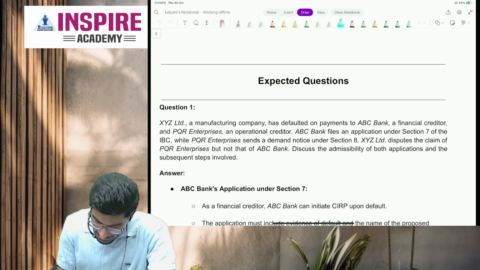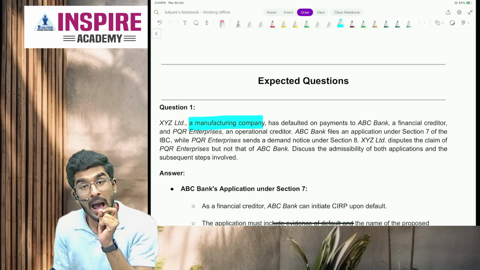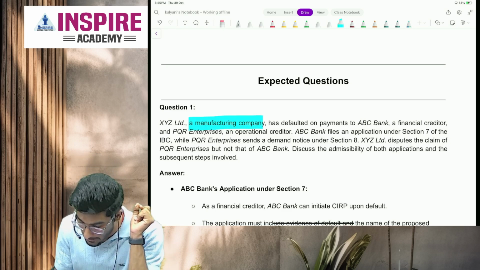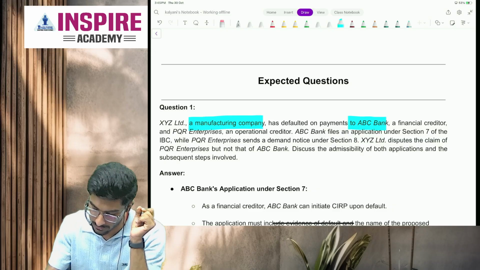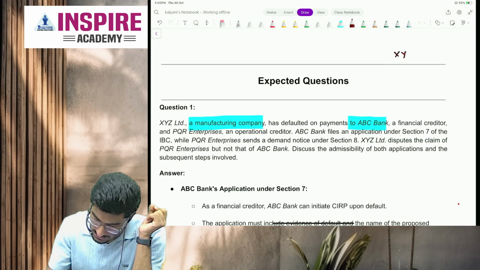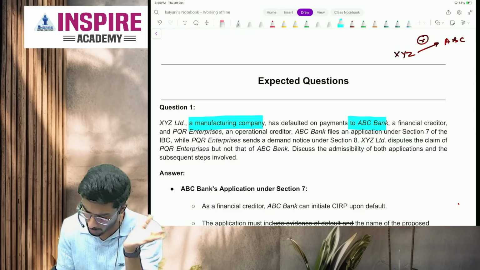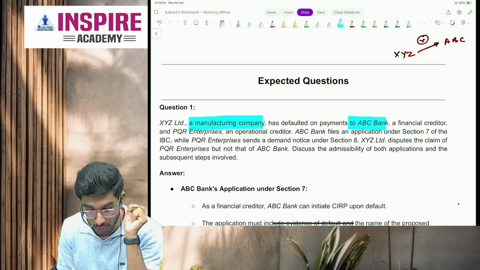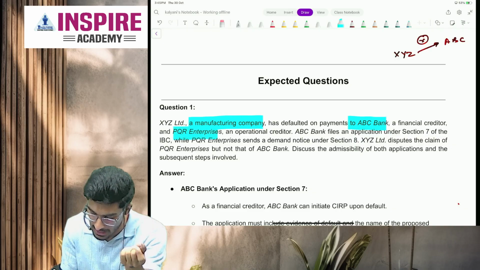XYZ, a manufacturing company, has defaulted on payments to ABC Bank, a financial creditor, obviously, and also to PQR Enterprises and other operational creditors.